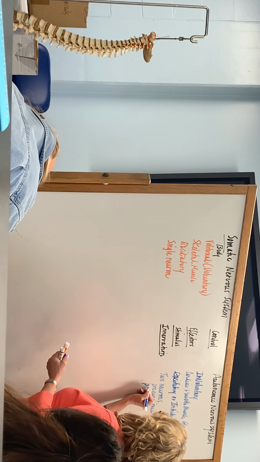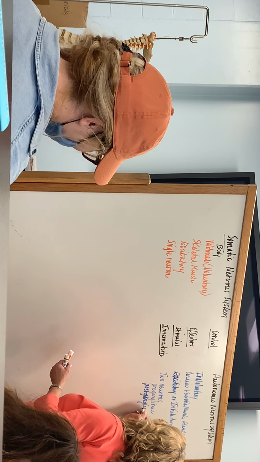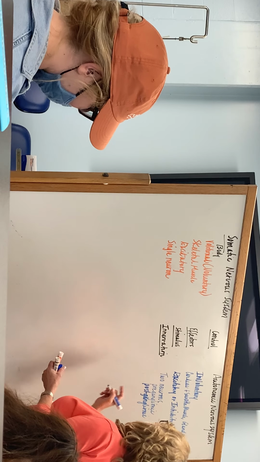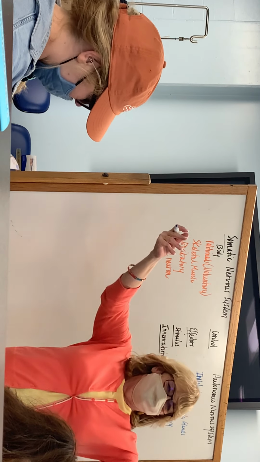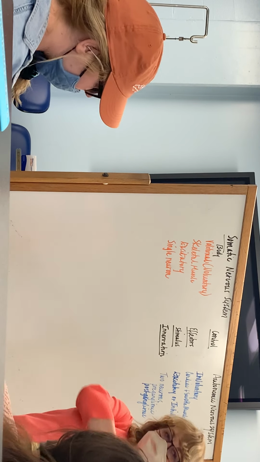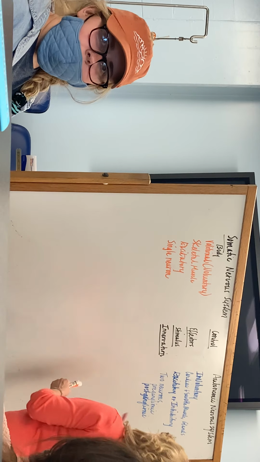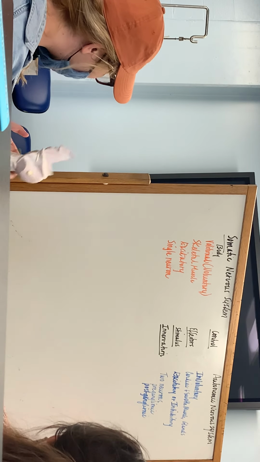Preganglionic, and what was the other thing? Postganglionic. It must mean that we have what in this system? Ganglion, right? So there's two neurons, one preganglionic and one postganglionic.